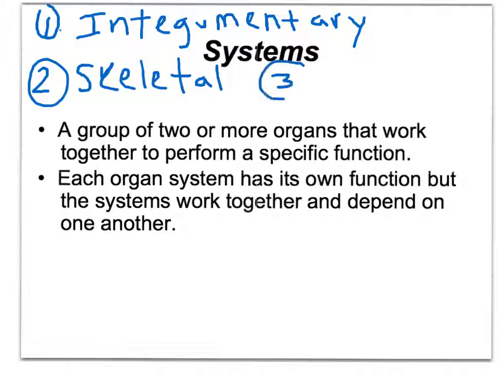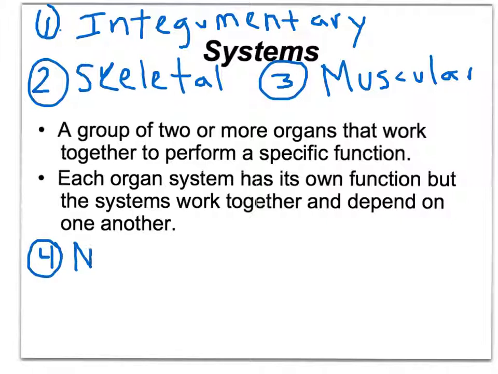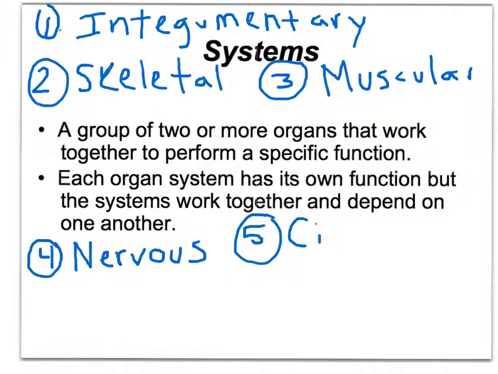The third is muscular system. That's your muscles. Number 4 is nervous system. And that's your brain. The fifth is circulatory. And that's your heart and your blood.